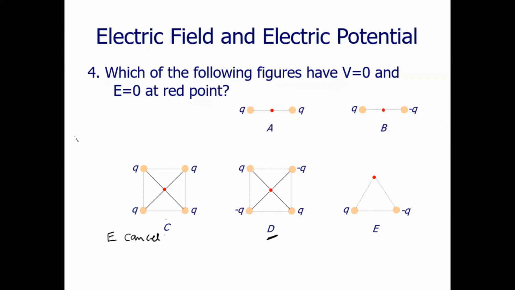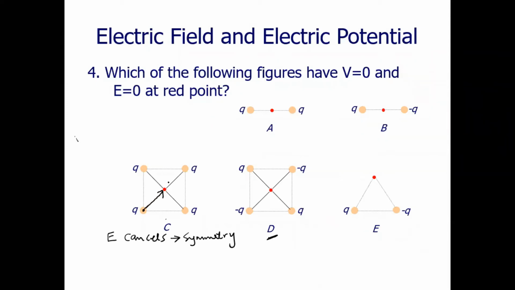So the E cancels out, and just to help you, it's because of the symmetry. There's a certain symmetry in the problem. What we mean by that is, you see this charge here, it will be producing an electric field in that direction, since it is a positive charge.